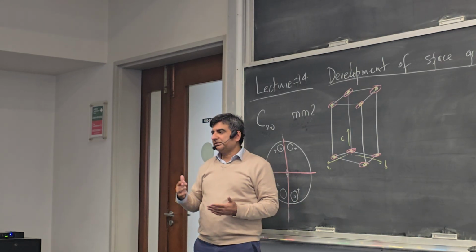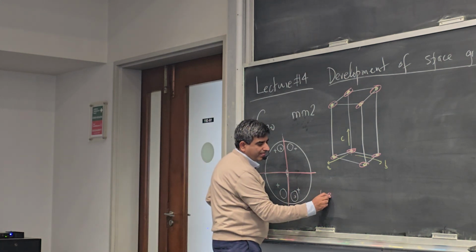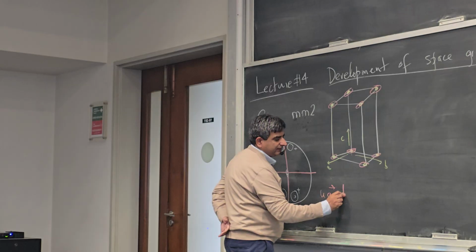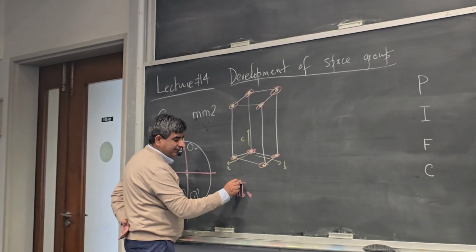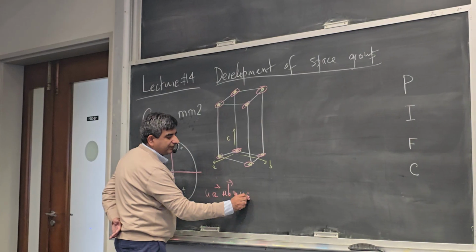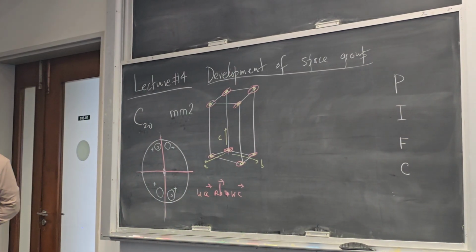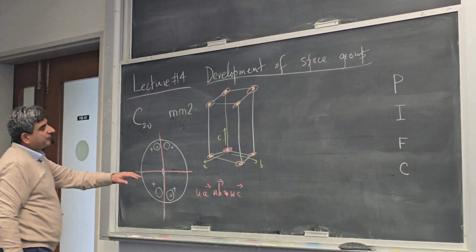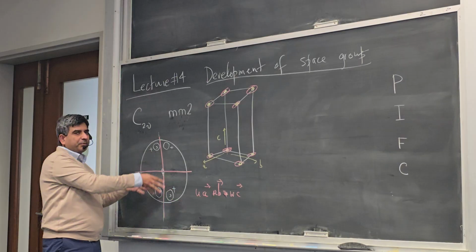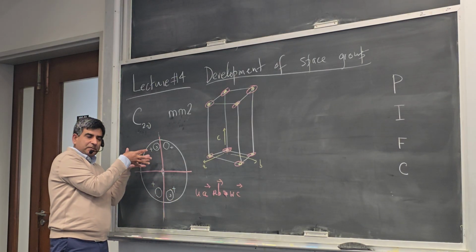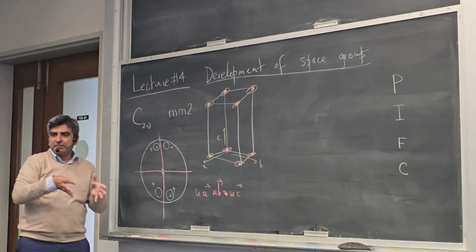If I have a point, I advance by uA plus vB plus wC, I'll get another lattice point, by definition, where u, v and w are integers. So I just need to define one point. But the point itself is now occupied by this object, this motif that has an mm2 point group.